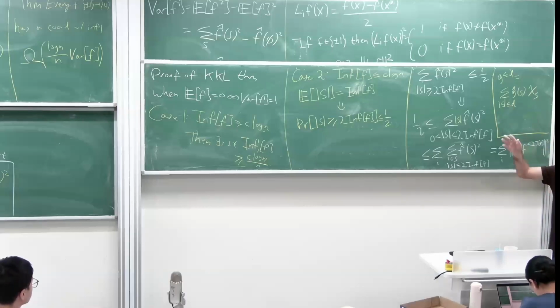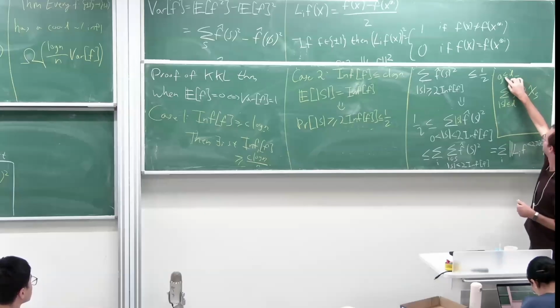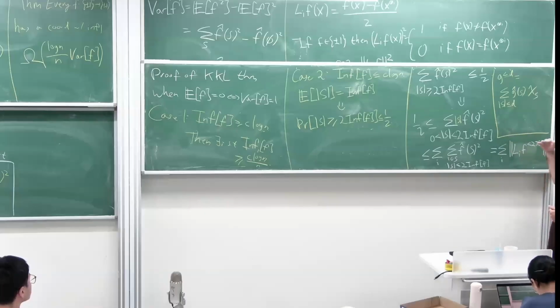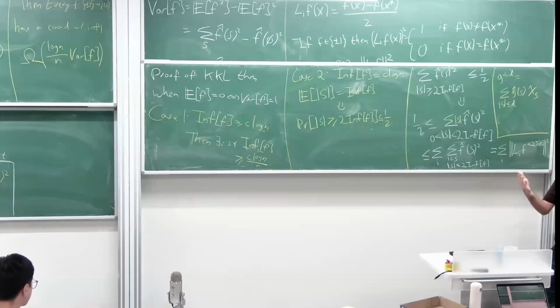We only retain the summands where the size of the set S, or the degree of the Fourier character, is less than twice the influence of f.